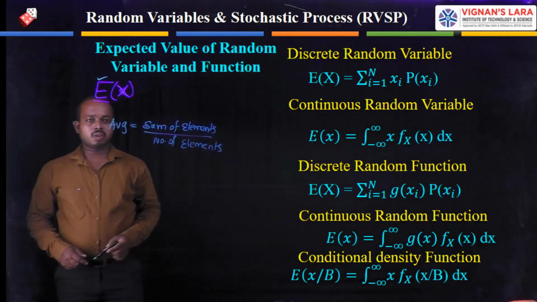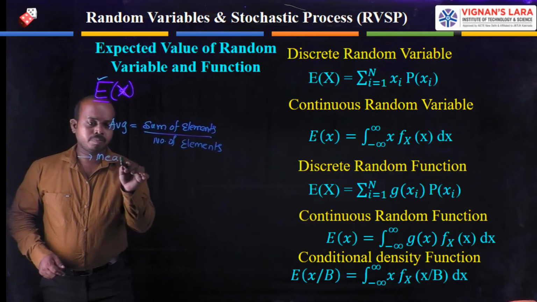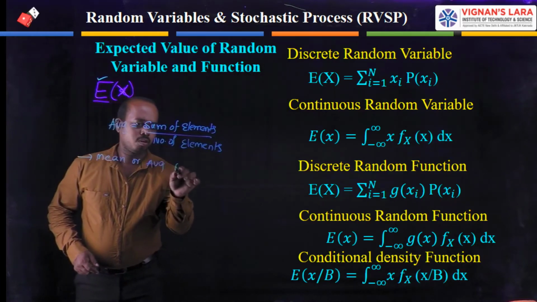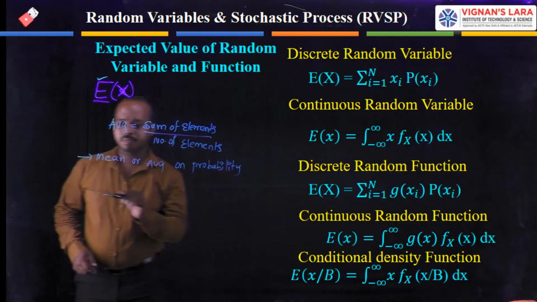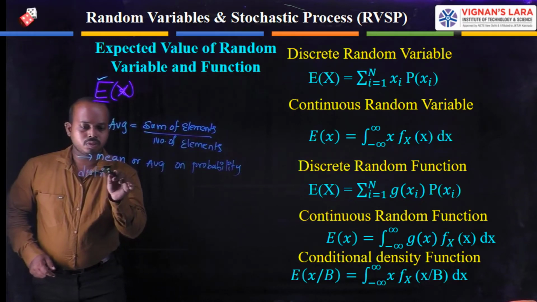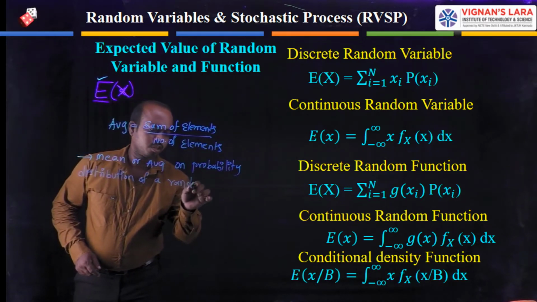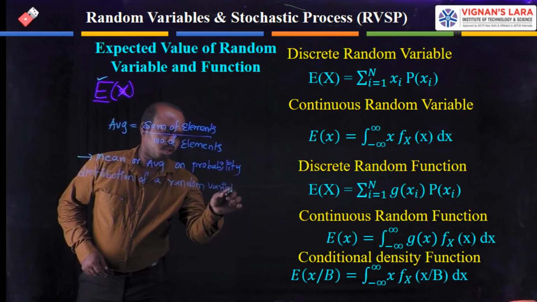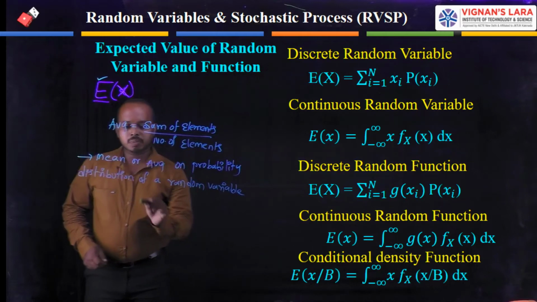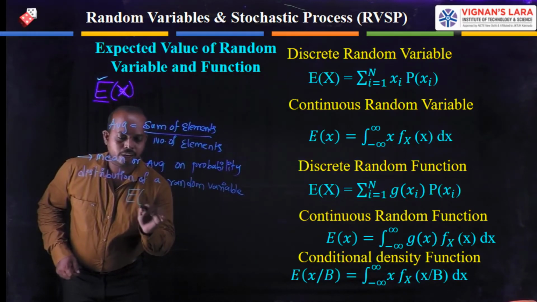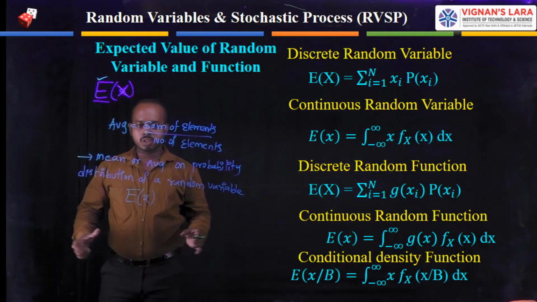According to the definition of expectation value, we apply the mean or average on the probability distribution of a random variable, which is called the expectation value of a random variable. Mathematically, we represent this as capital E of x.